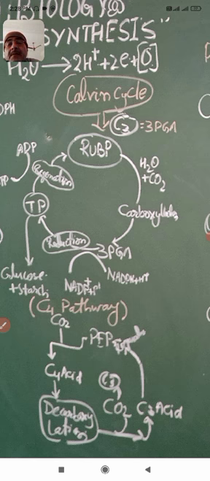So what is happening here? See, the carbon dioxide from the atmosphere gets absorbed by the mesophyll cells, and in the presence of PEP, the formation of C4 acid takes place. C4 acid means malic acid and aspartic acid, and this C4 acid is further transported to the bundle sheath cell, where decarboxylation takes place.